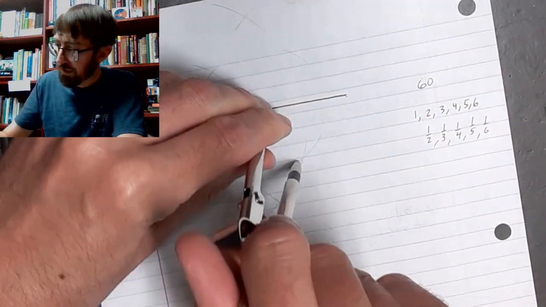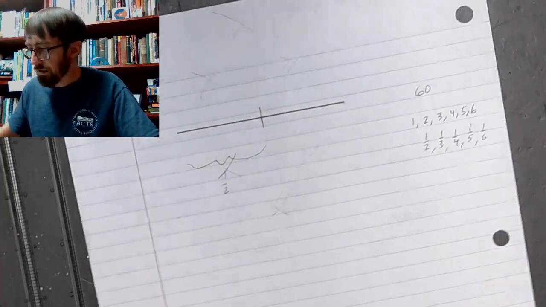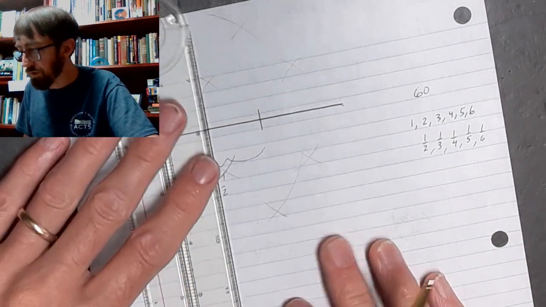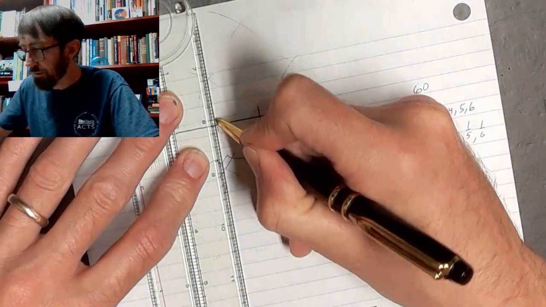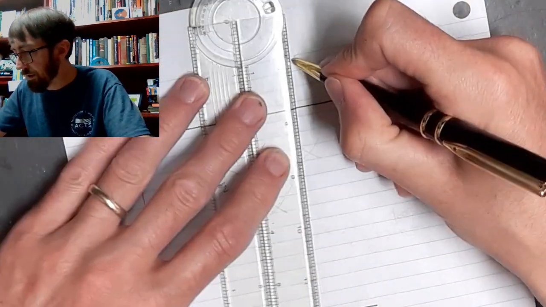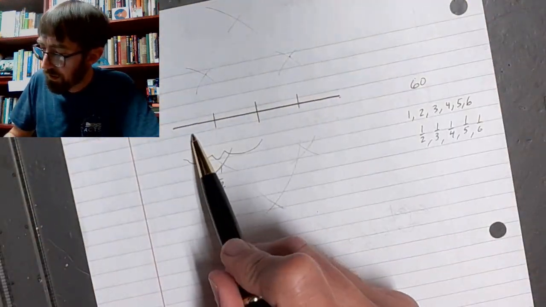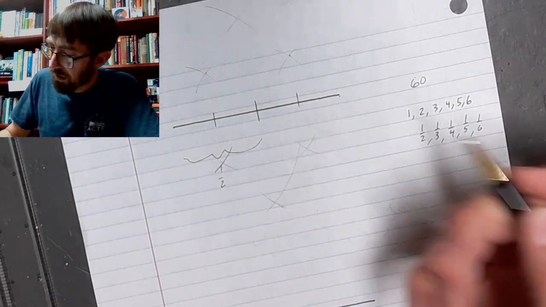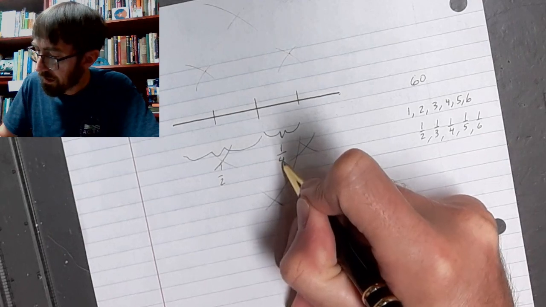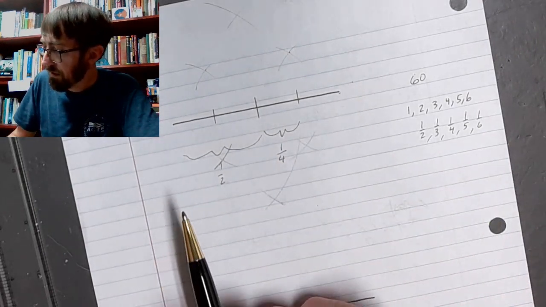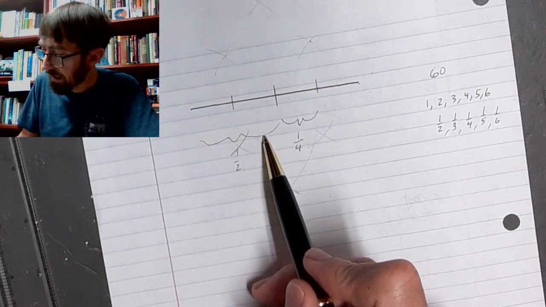So I'm just going to flip over here and do this, and then I'm going to bring my straight edge in here, and we're going to line it up with those intersections and mark our segment. So now let's count this. 1, 2, 3, 4. I now have a quarter of our unit segment here.